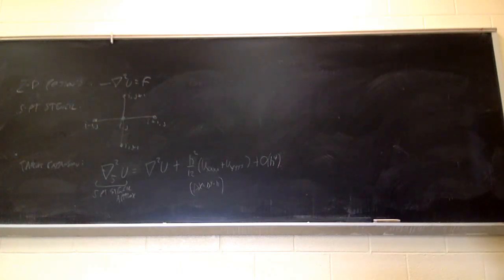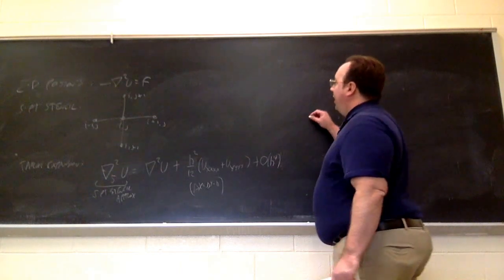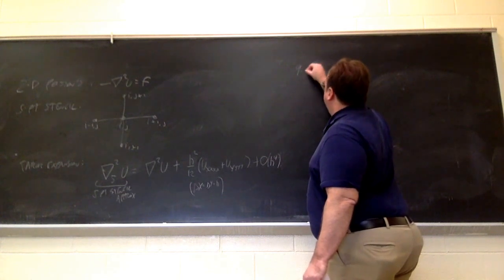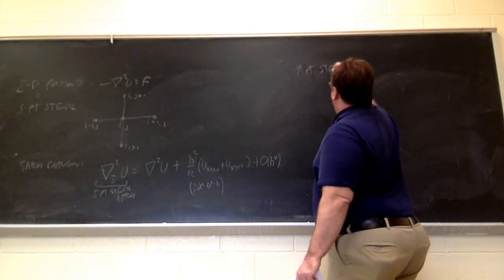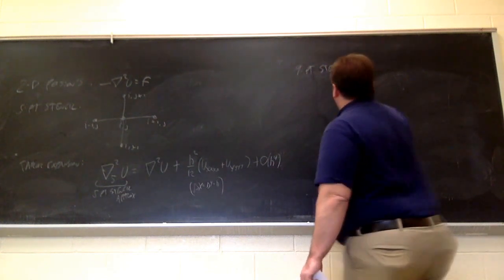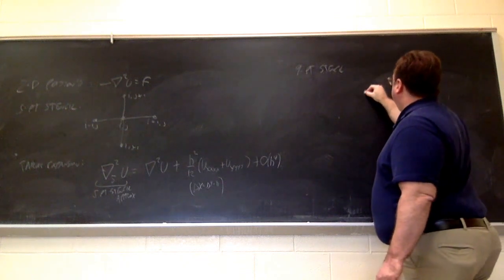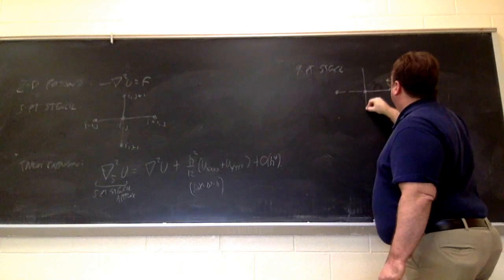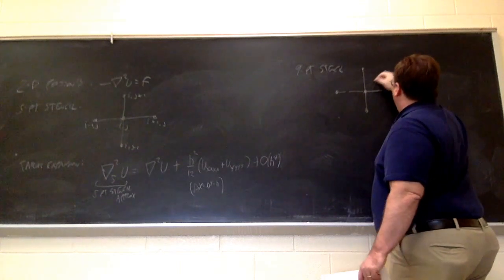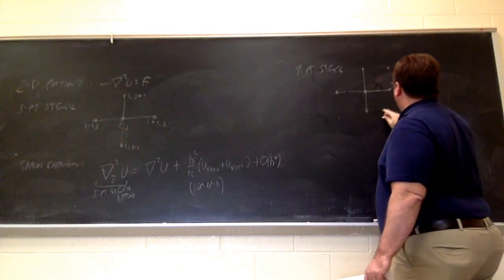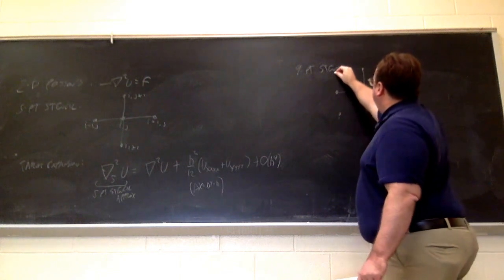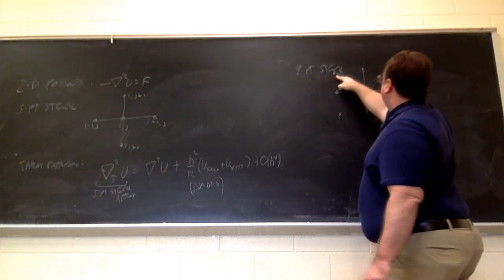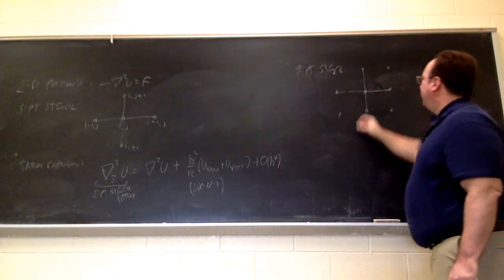But now suppose we use a 9-point stencil, where we use the Taylor expansions of u involving not just the 4 direct neighbors, but the 4 corner points. That dot's a little off because of where I wrote, but you get the idea.